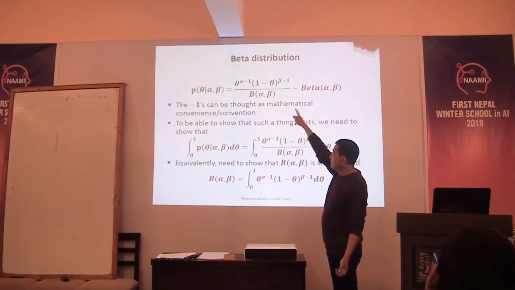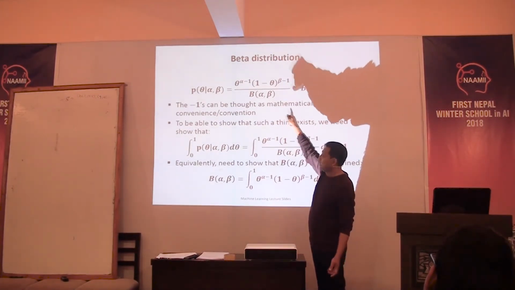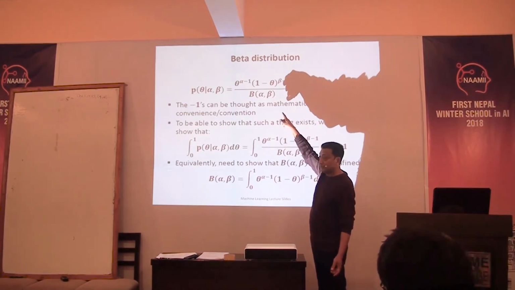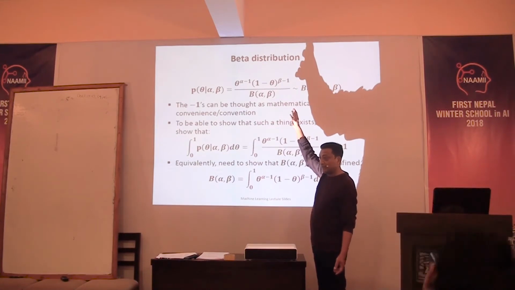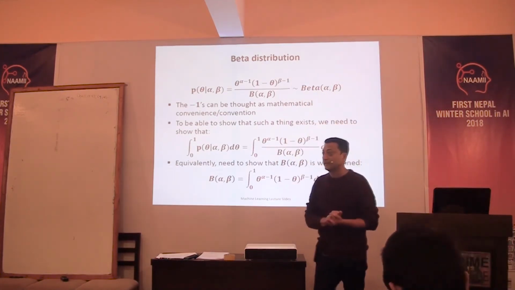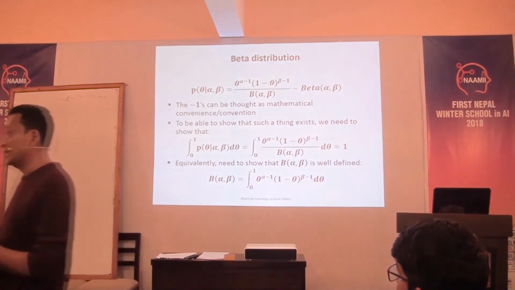Because the binomial distribution also has theta to the power number of heads and 1 minus theta to the power number of tails. And this beta function here is very similar to n choose k, right? N factorial divided by h factorial times t factorial. Right? So that's why these two distributions have the same shape, and hence they are conjugate.